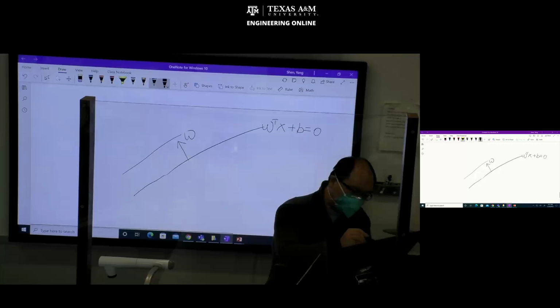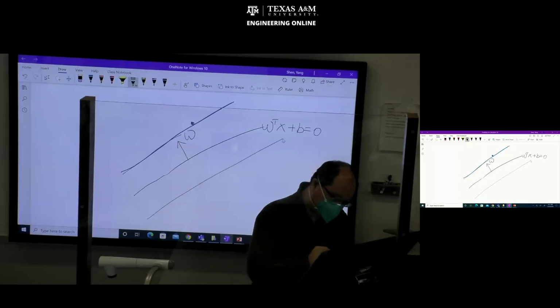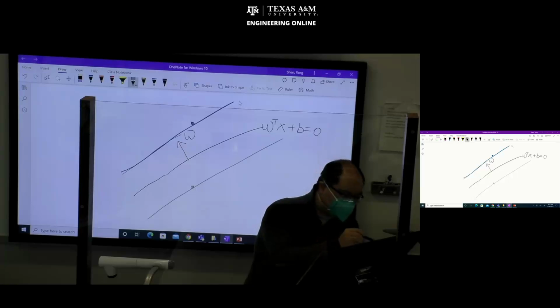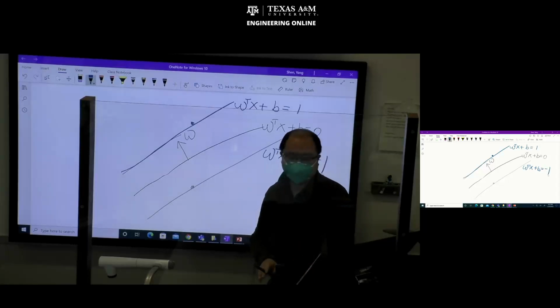You're reaching a blue frontier where a blue point is, and you're reaching a white frontier where a white point is, and you know that this line describes wTx + b equal to something.